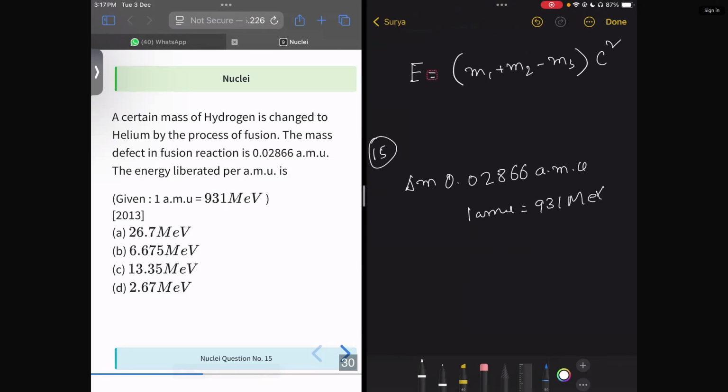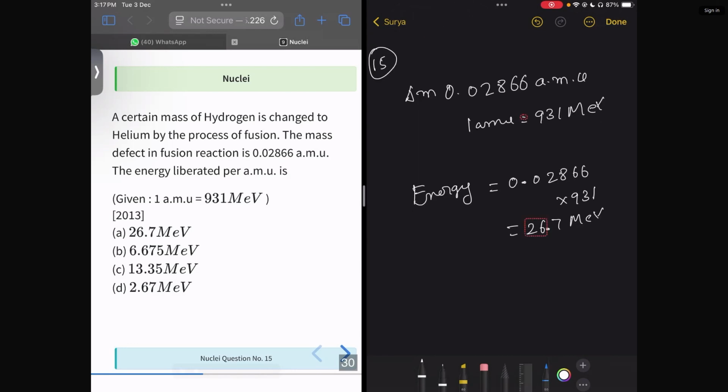Similarly, the mass defect delta M is given. So the energy liberated will be equal to the mass defect into 931, which is 0.02866 into 931. So it will be 26.7 million electron volts.